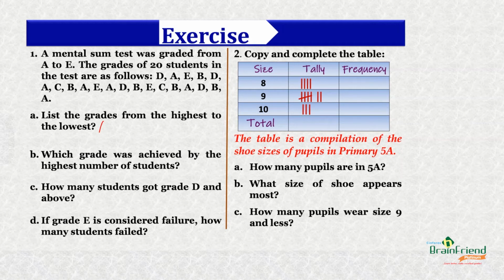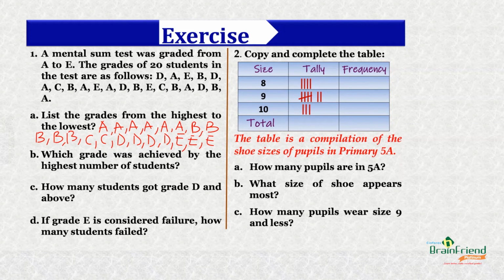We have A, A, A, A, A, A, B, B, B, B, B, C, C, D, D, D, D, E, E, and E. Question B says, which grade was achieved by the highest number of students?